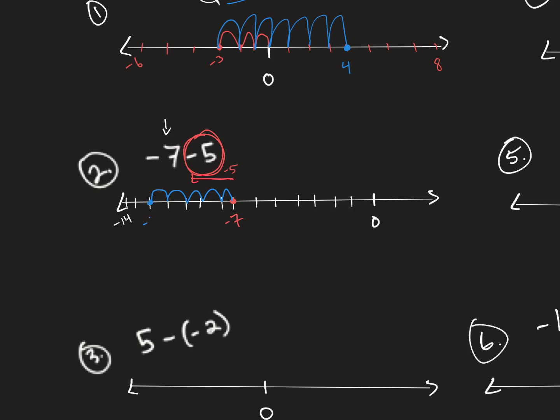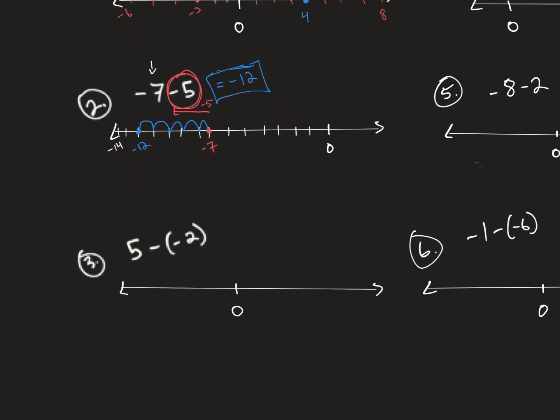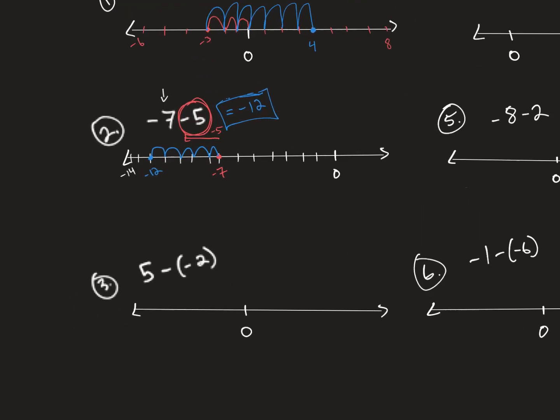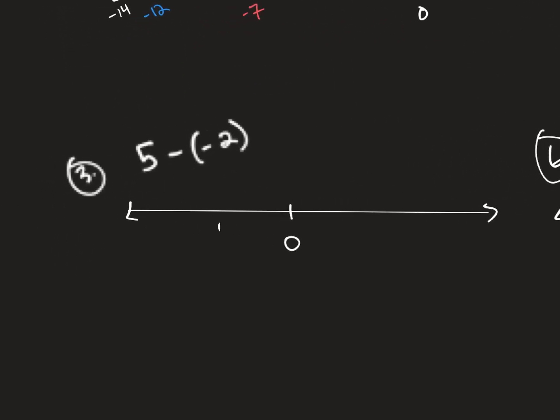It's becoming more negative, so -7 minus 5 gets me -12. Circle or box your answer, and you're good. Next question, number 3, we have -5 minus -2.